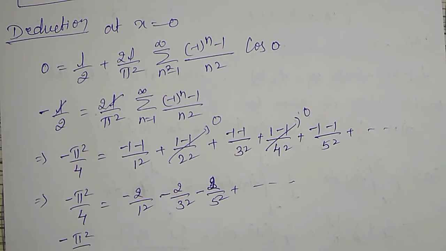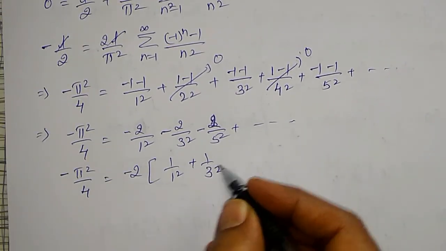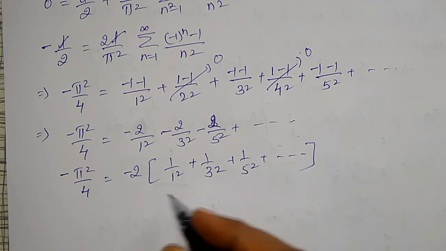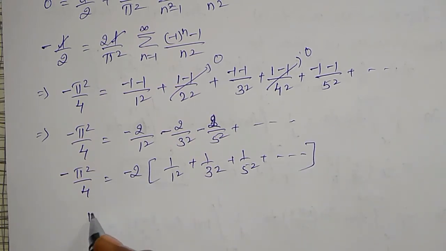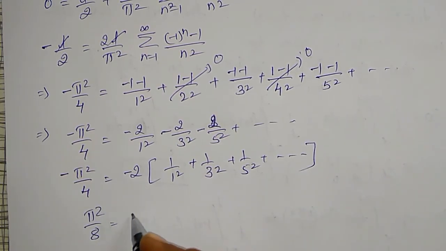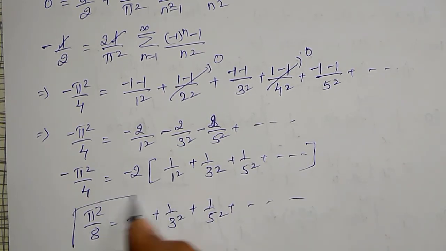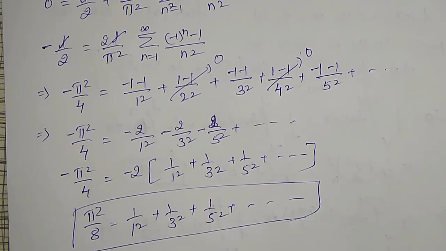Minus pi square divided by 4 equal to minus 2 into bracket 1 by 1 square plus 1 by 3 square plus 1 by 5 square plus so on. This minus 2 shifted to the other side. This will become pi square by 8 equal to 1 by 1 square plus 1 by 3 square plus 1 by 5 square plus so on. This is the required deduction that we want.